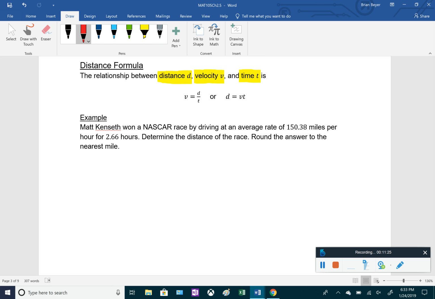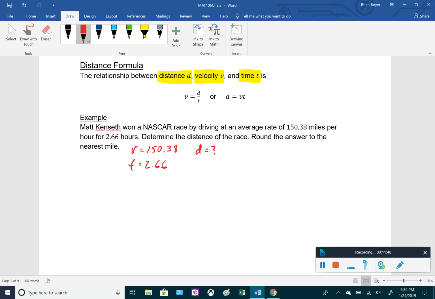We have the velocity, which is 150.38 miles per hour. I'm not even going to bother with units. You could throw units in there and see how they cancel off. I just like to leave them out. And we have time is 2.66. And we're looking for d.